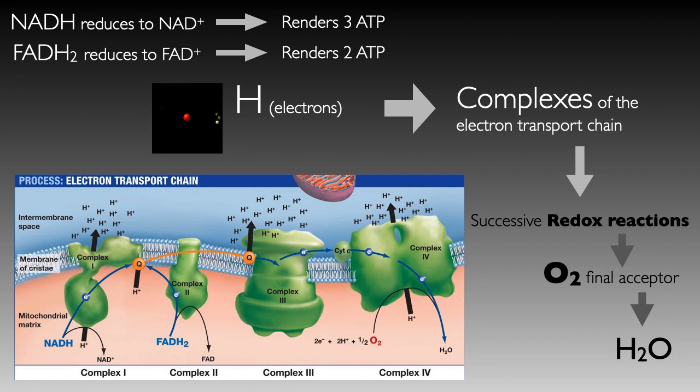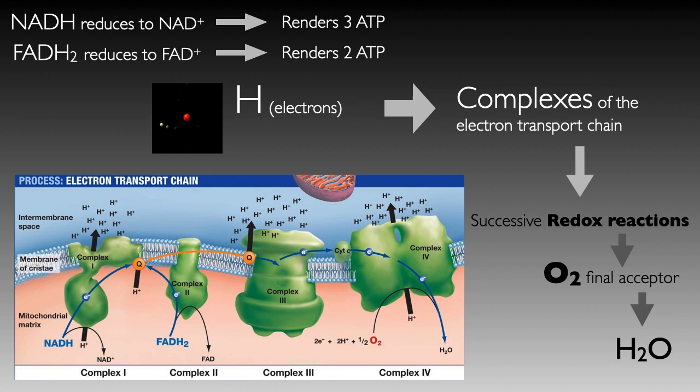All right, so the 4 protein complexes of the electron transport chain that you see in the lower image, named 1, 2, 3, and 4, can use the energy of electrons to pump protons, which are represented by the sign H+, into the intermembrane space.